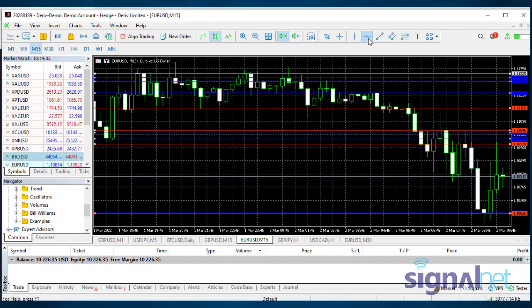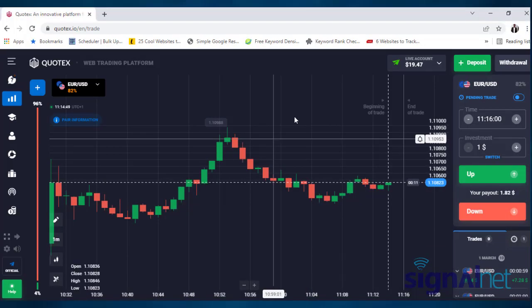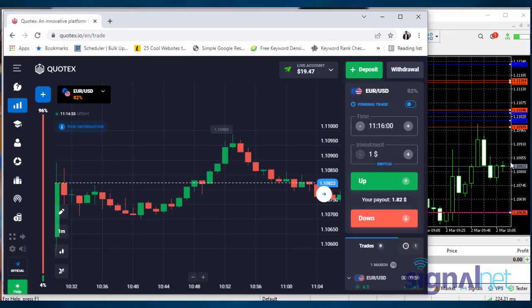Right at this moment, we're even about to have another 15 minutes candle close around here. So we may actually just have an opportunity about to form right now. So that may just be the first trade we take. It depends on how this closes.